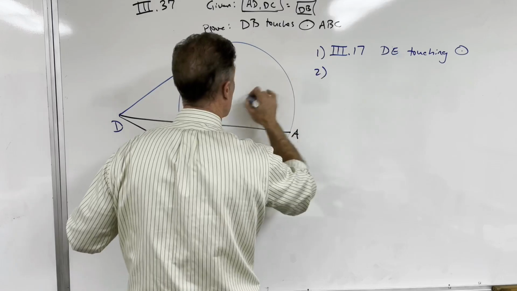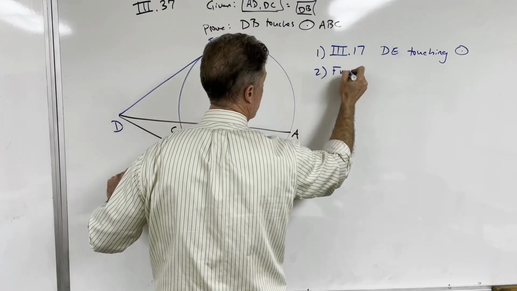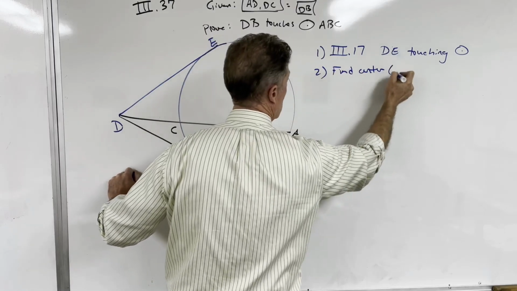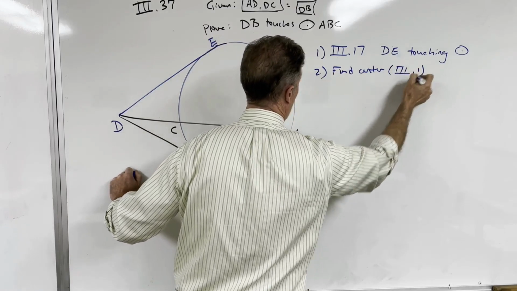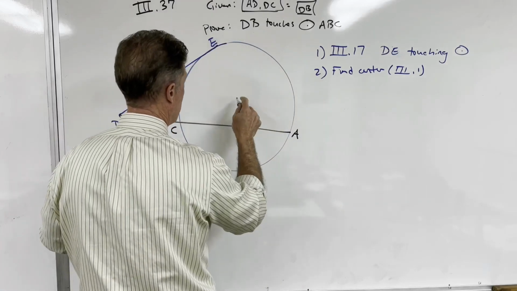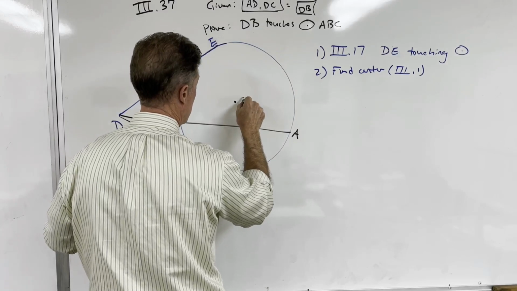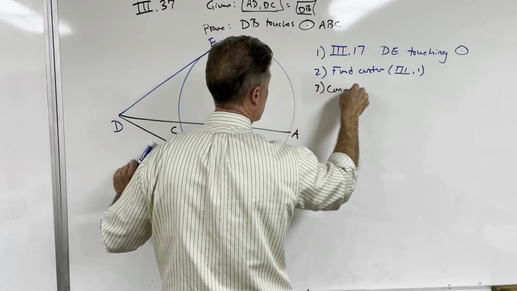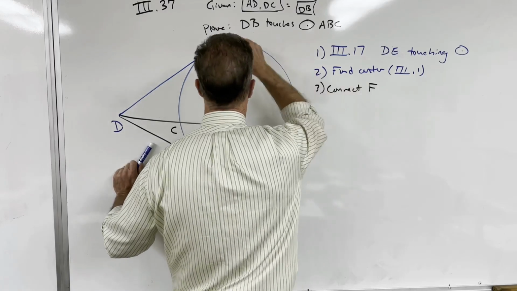The second thing we're going to do is find the center, which we can do by Book 3, Prop 1. So let's find the center and let it be F. And then we're going to connect FE.